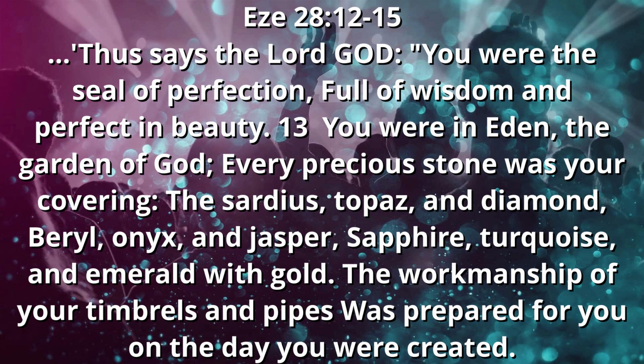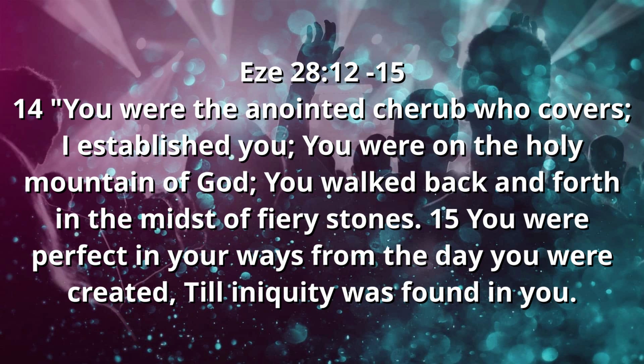The workmanship of your timbrels and pipes was prepared for you on the day you were created. You were the anointed cherub who covers. I established you. You were on the holy mountain of God. You walked back and forth in the midst of the fiery stones. You were perfect in your ways from the day you were created, till iniquity was found in you.